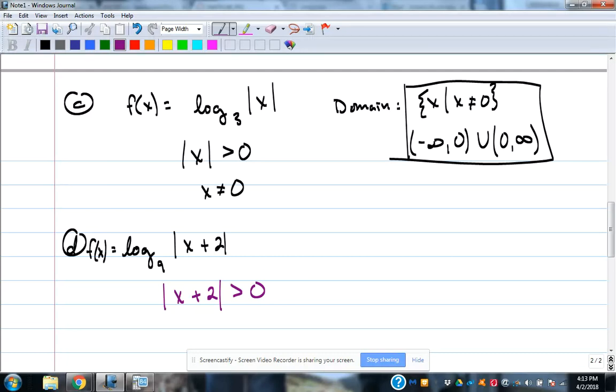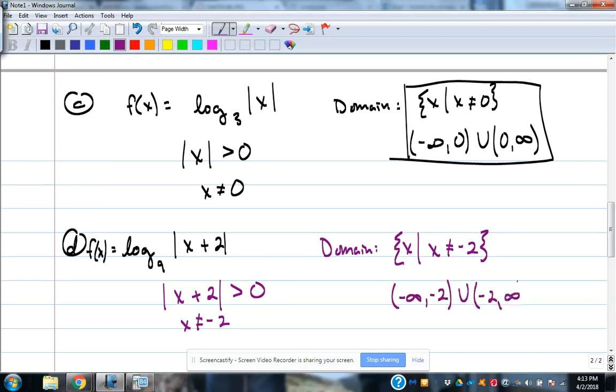What makes x plus 2 equal 0? Well, it's negative 2. x can't be negative 2. A pretty easy solve there. So our domain: all x's such that x does not equal negative 2. So that would be negative infinity up to negative 2, union negative 2 to infinity. Good job. Really easy thing here.